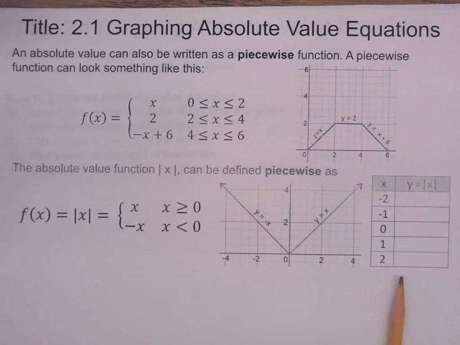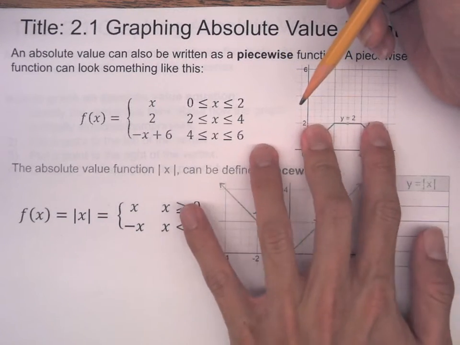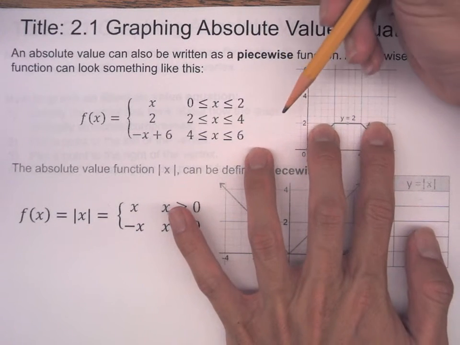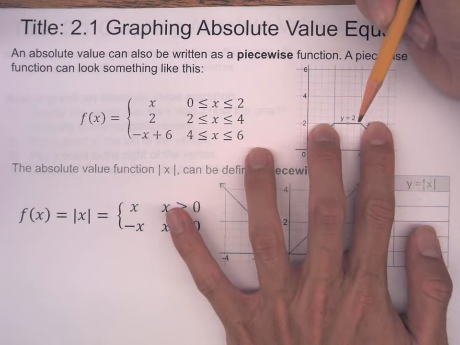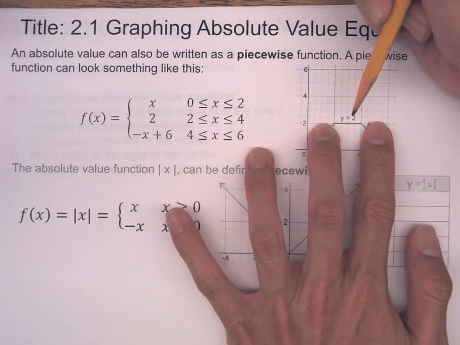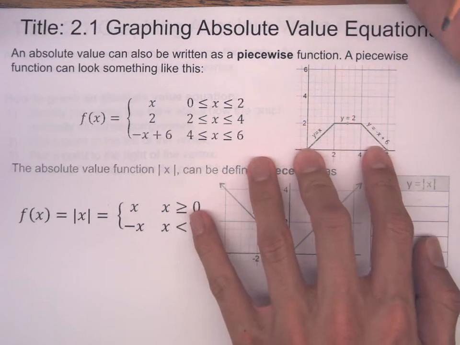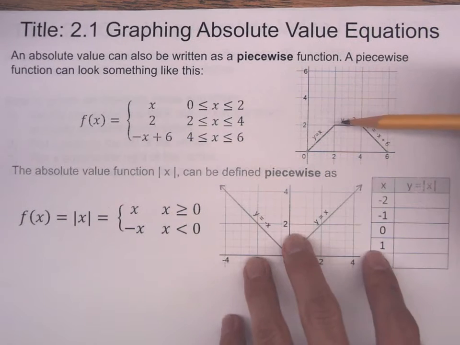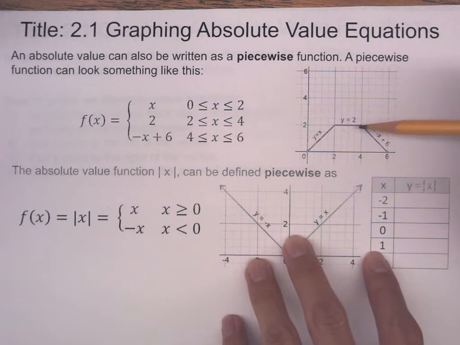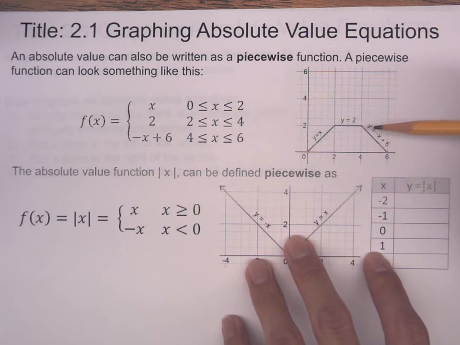Next, now I want to consider the line y equals 2. If I were to close this off, and create a line going across like this, I'm considering a line with a slope of 0 and a y-intercept of 2. So this here is going to be from 2 to 4, with a y-intercept of 2 and slope of 0.